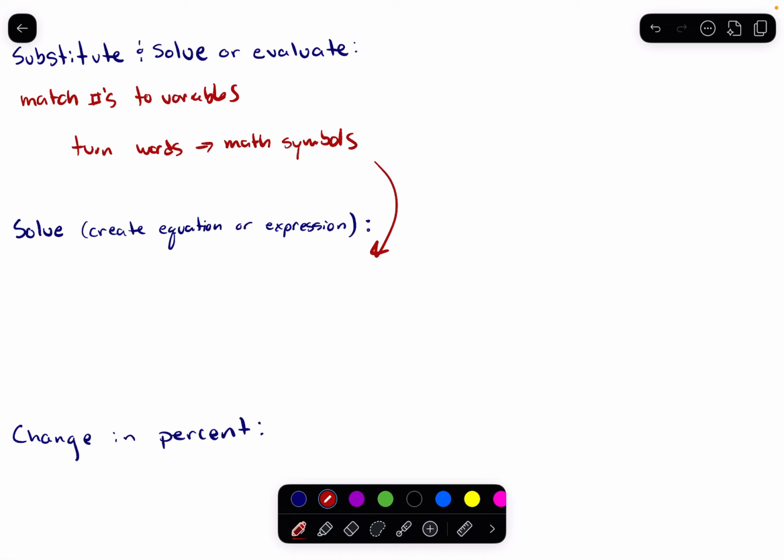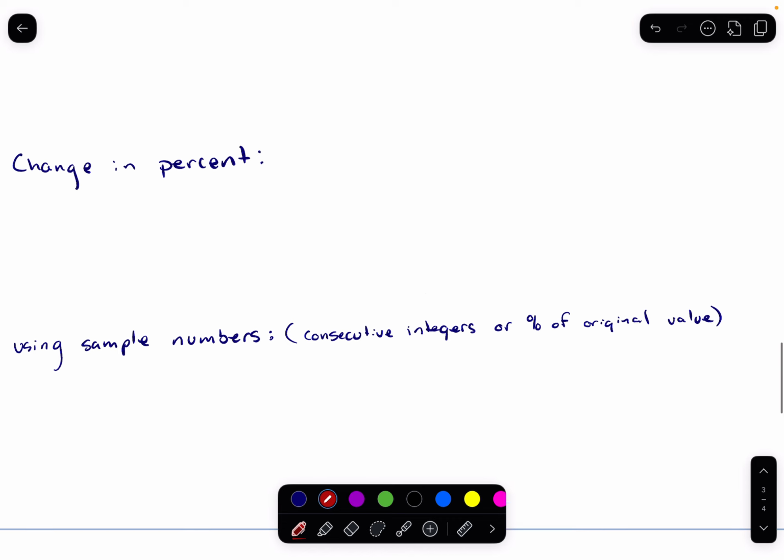Usually it wants you to turn it into an equation based on what you're reading. So look for those keywords: is, of, percent, proportion, sum, increases, decreases, multiples, multiply. You're looking for those keywords to help you create the equation.